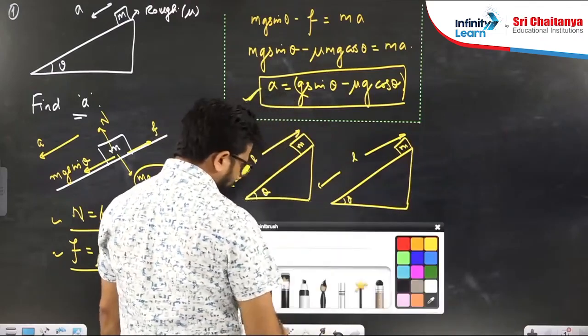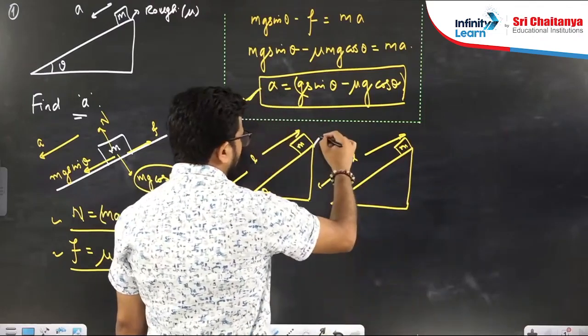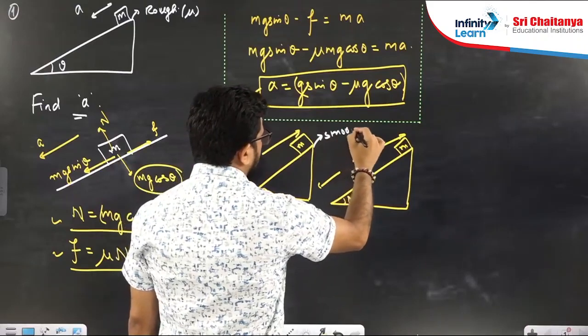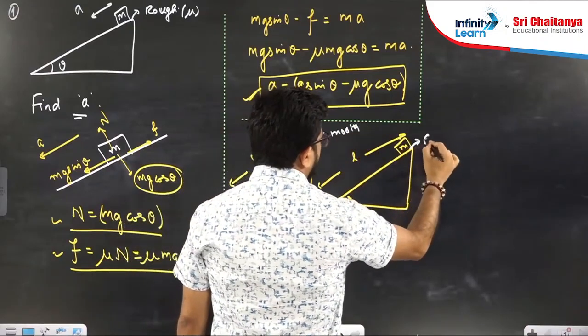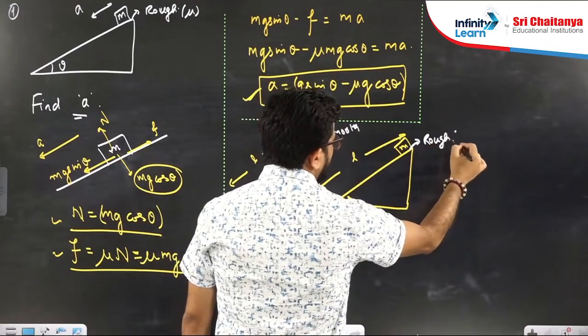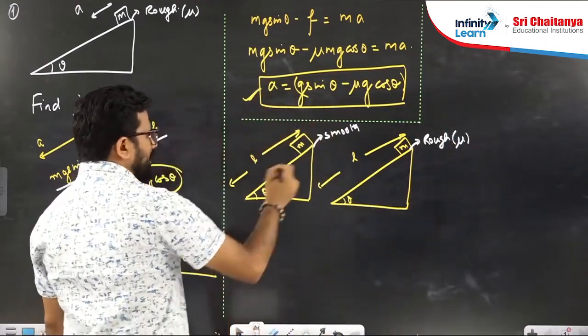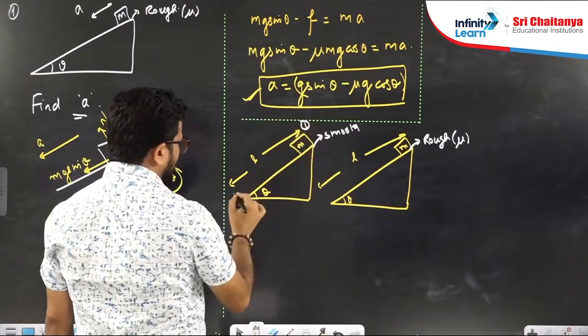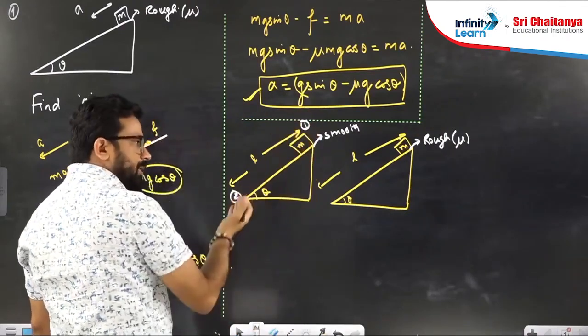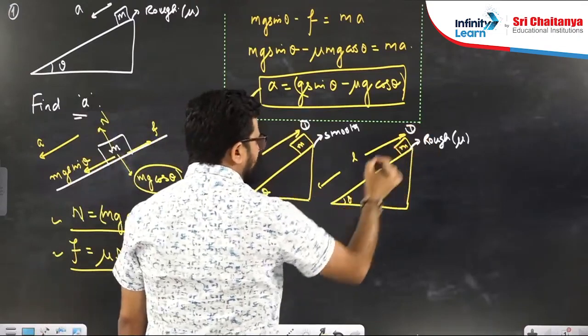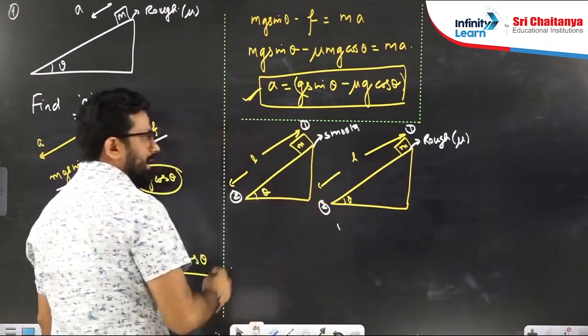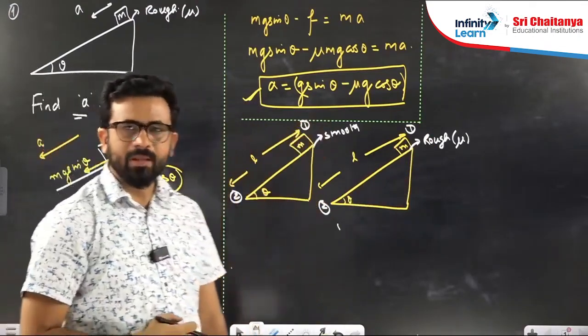The first block is on a smooth surface and the second is on a rough surface, so definitely there would be mu also. The block slides from top to the bottom in both cases.